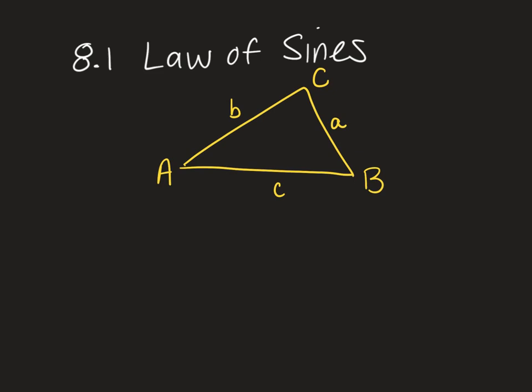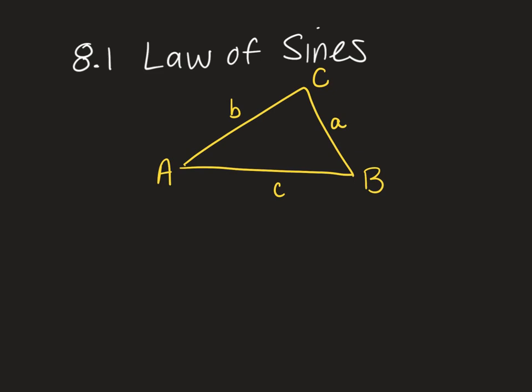So, we're going to use the law of sines. What the law of sines allows us to do is make a ratio of any two sides and the sine of two angles.